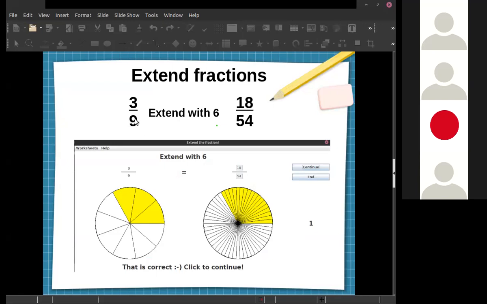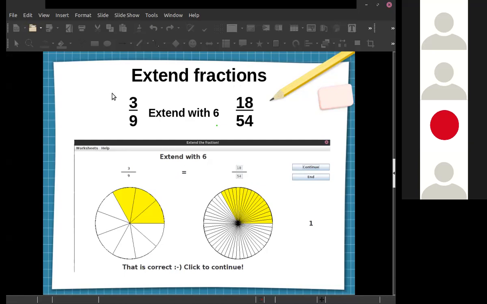So we have to change the denominator of a fraction if the denominator of the number that I have to add is different. So I have to find the like denominator. As an example, an extension of 6. We call that extend fraction.